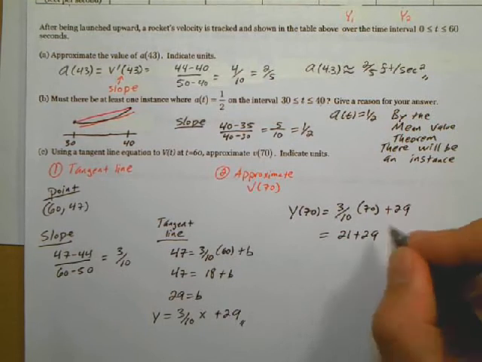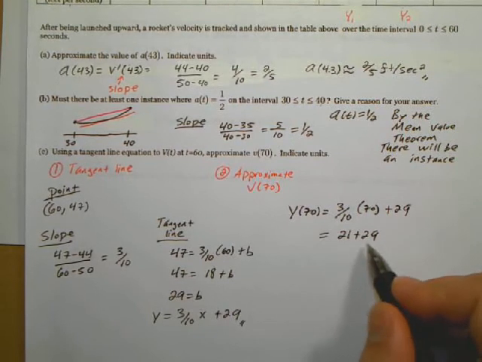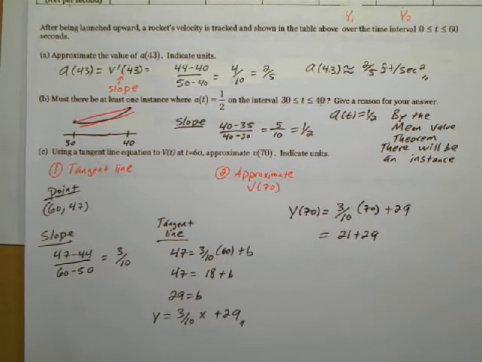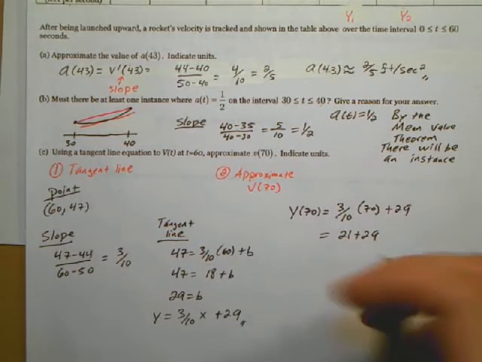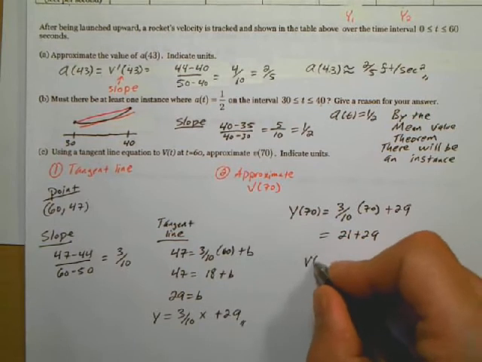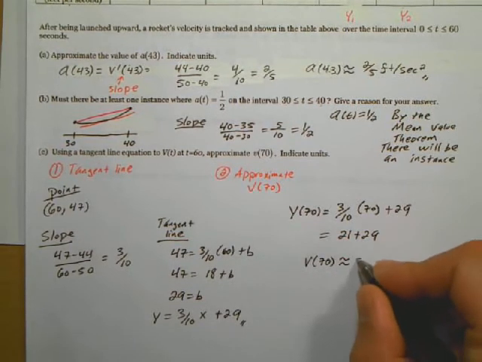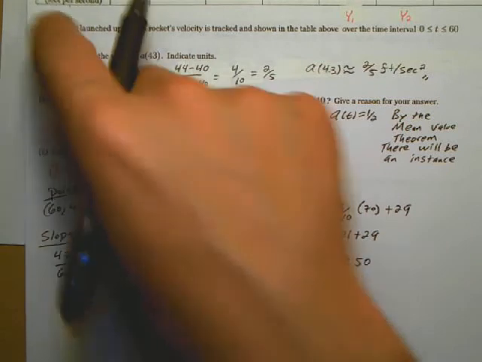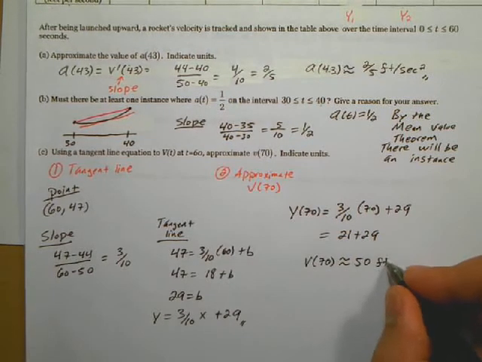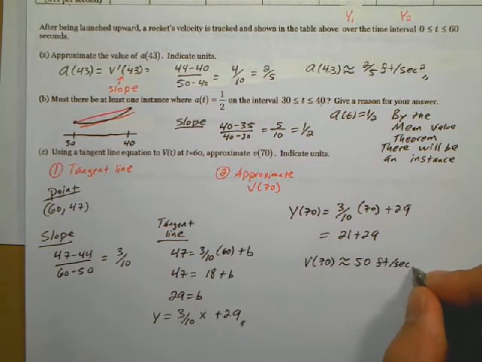And that's going to give me 21 plus 29, which is going to give me 50. Let's see. 21 plus 29 is in fact 50. So using my approximation, I can say that the velocity at 70 is approximately going to be 50, and this is measured in feet per second.